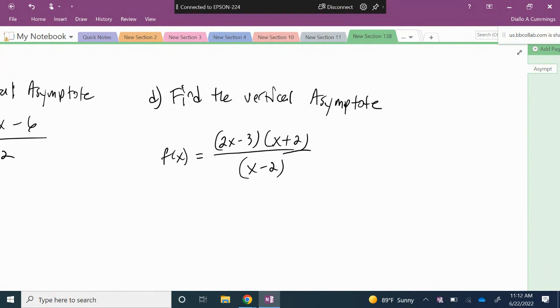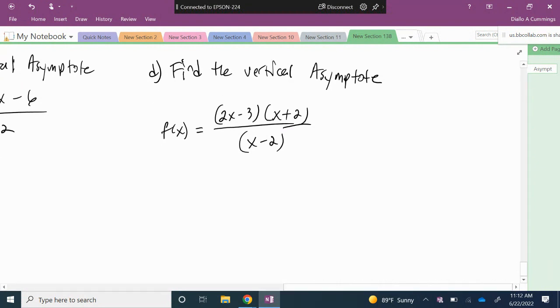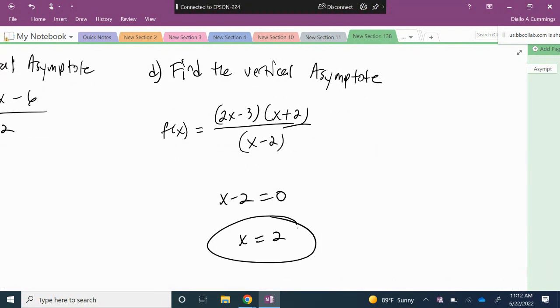So we're simply going to take the denominator, x minus 2, set it equal to 0 and solve. If we add 2 to both sides, we have x is equal to 2, which is the vertical asymptote.